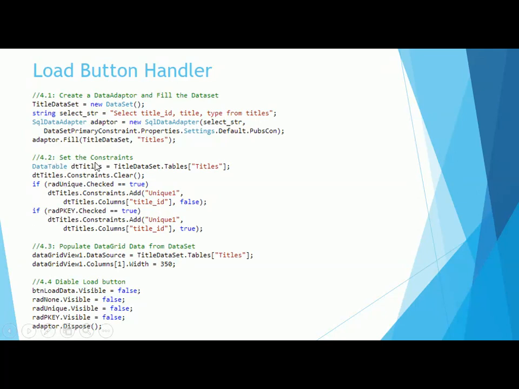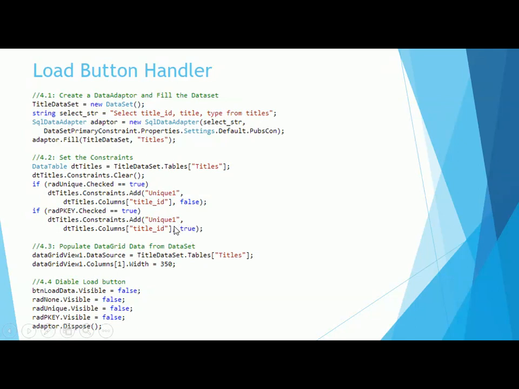The code snippet 4.2 is for adding the constraint to the data table. It acts based on the radio box selection. In the previous slide, you saw that there are 3 radio buttons. RAD unique is the radio button for unique, and RAD P key is for a primary key constraint. So once primary key is selected, then we are adding a constraint for primary key.